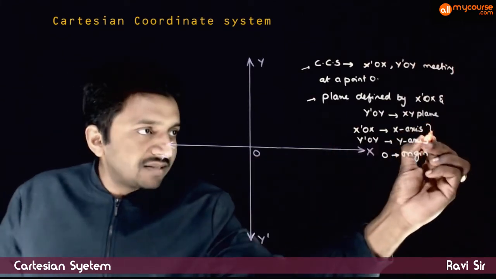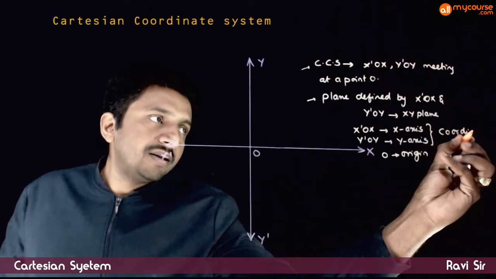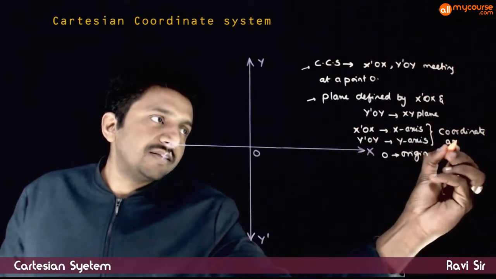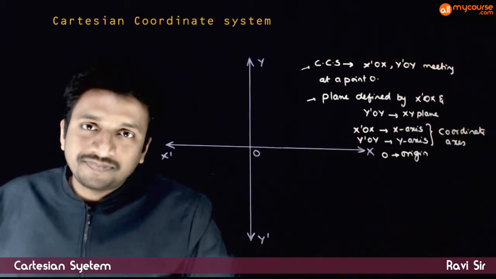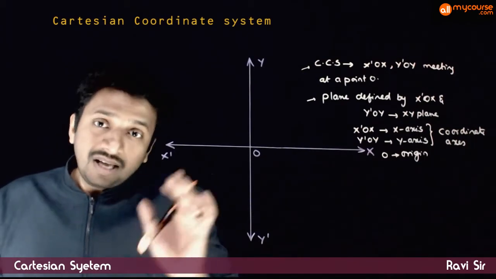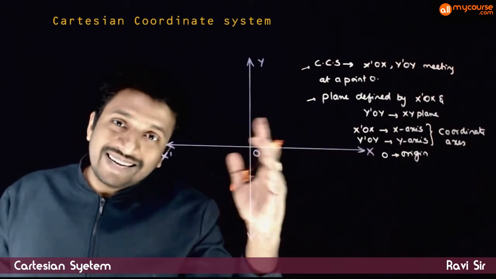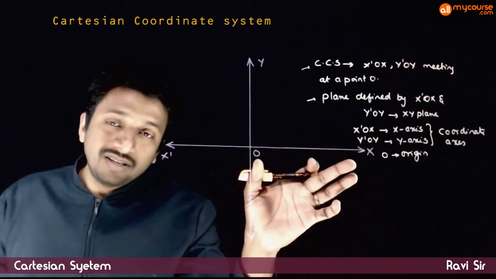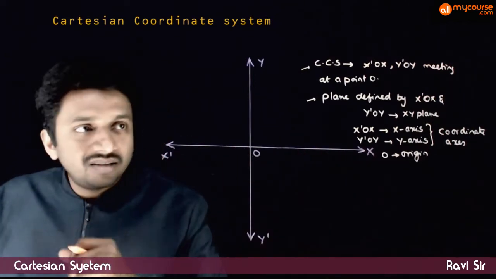Now these two axes combined are called the coordinate axes. In the coordinate axes, this part OX, which is on the right side of y dash, is called the positive x-axis. This is the negative x-axis.